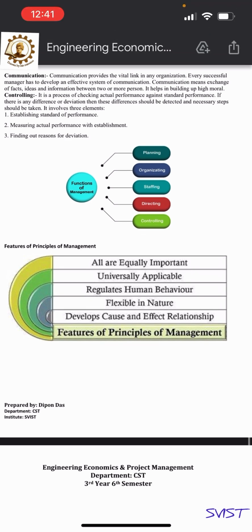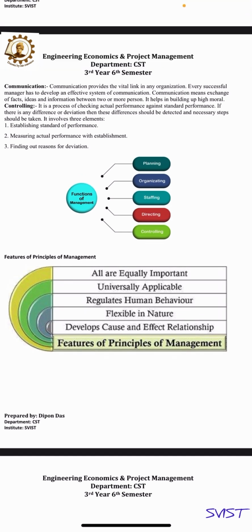So the first particular part is the planning part. What we are basically going to do, definitely in an easier manner, so that we do not have any kind of problems. The second part is organizing the talent. So we are going to build the team by staffing.